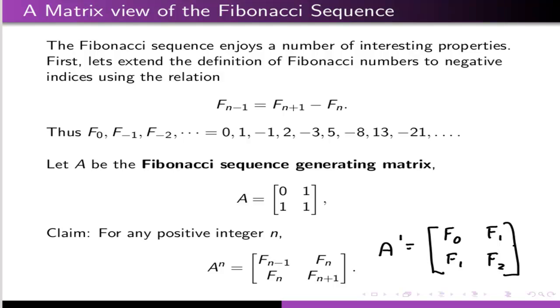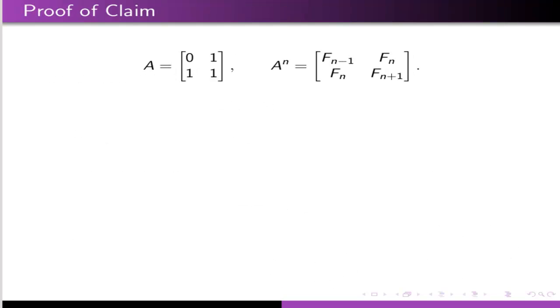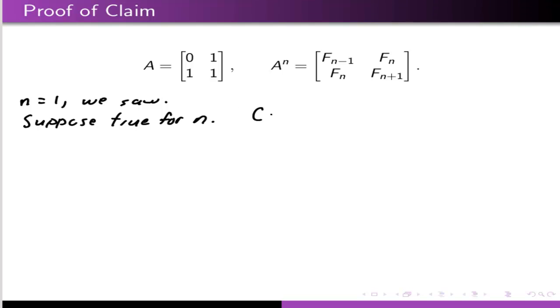So now let's prove this formula holds by induction. The base case n equals 1 we just saw. So suppose it is true for a given n, and then consider n plus 1.